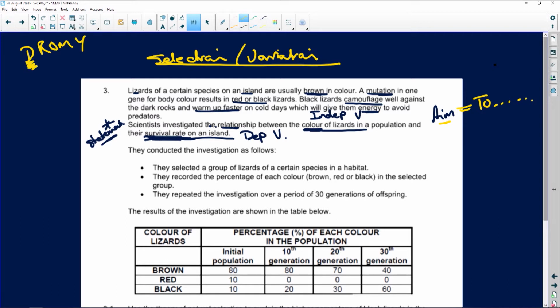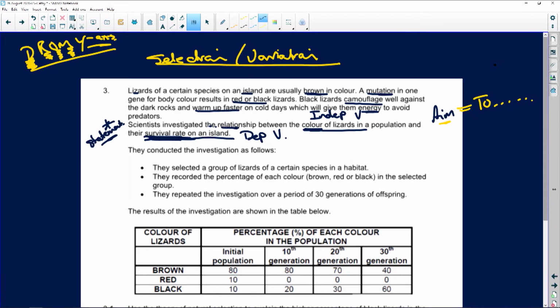The dependent or resulting variable that is observed or measured, and is shown on the y-axis. Okay, so this DRMI is going to be your dependent variable. It is the resulting variable.